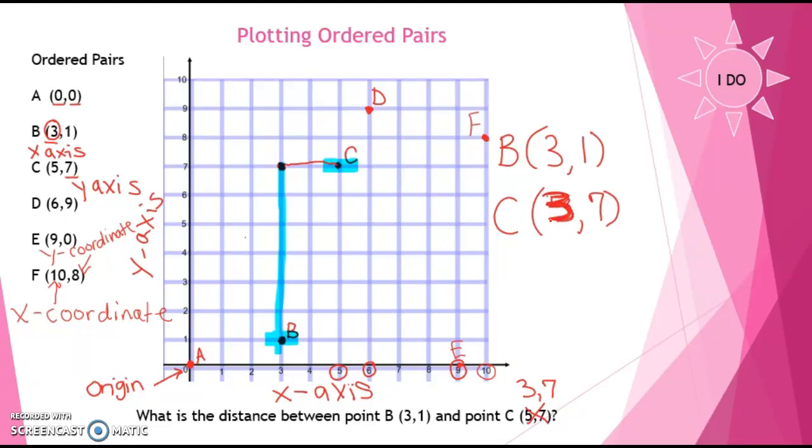Since the 3's are the same, we don't need to do anything with those two numbers, but we're going to subtract the 1 at point B from the 7 at point C. What we're going to find is that the distance is 6 units, because that's the difference between the 7 and the 1. 7 minus 1 equals 6.